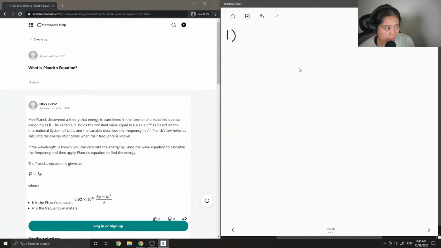Okay, so question 1 just asks, what is Planck's equation? I'll write it down here. Planck's equation can be simplified into E is equal to H times frequency.